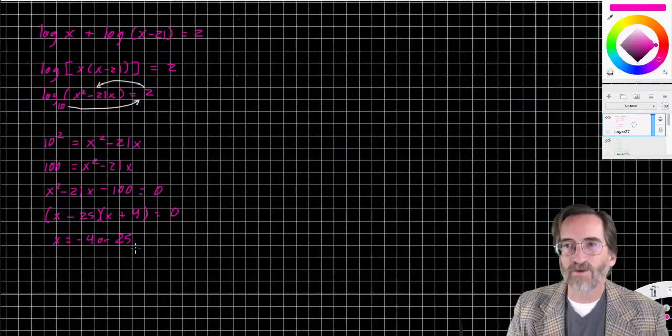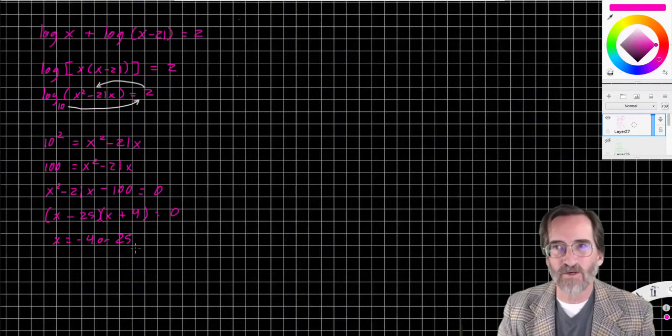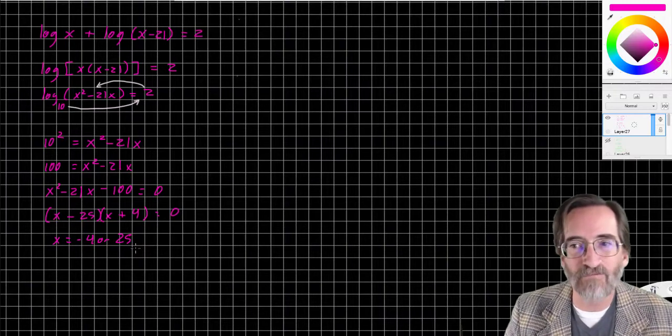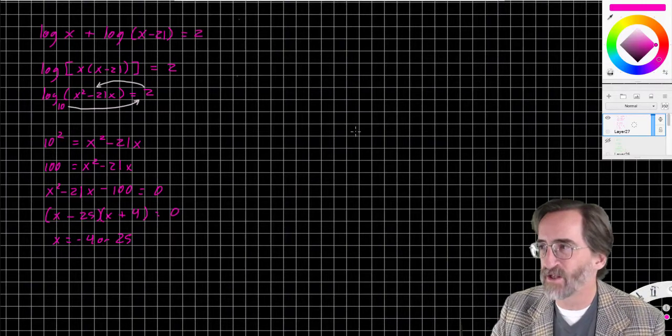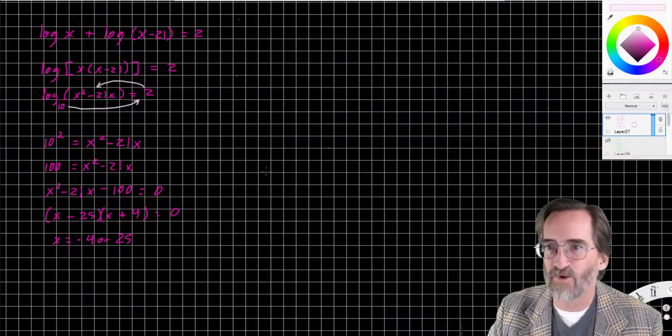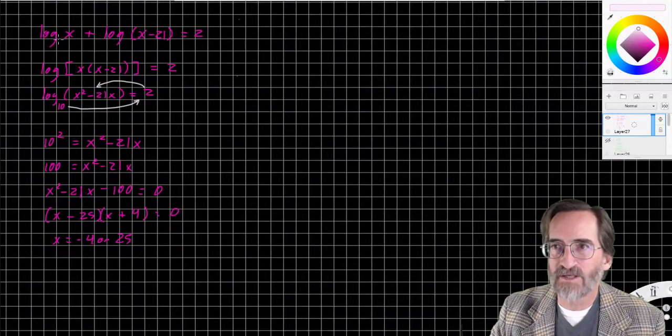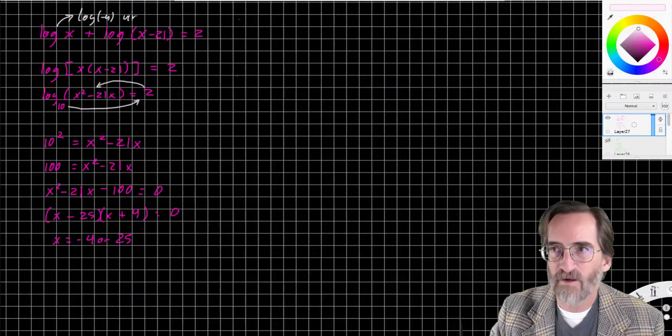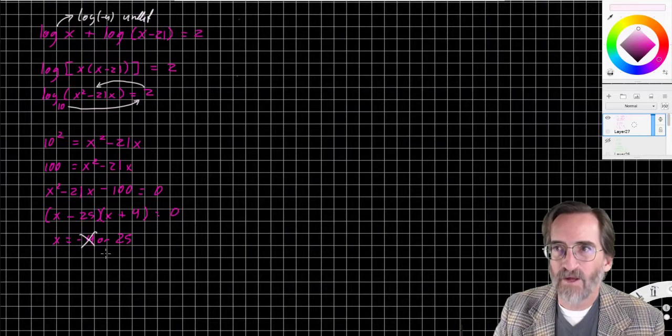Now, one of the things we have to be aware of is you can't take the log of a negative number. So you need to check and see if the domain restrictions are broken. If I let x equal negative 4, the log of negative 4 is undefined, so it can't be negative 4. We've got to make sure when we plug it in that it works.